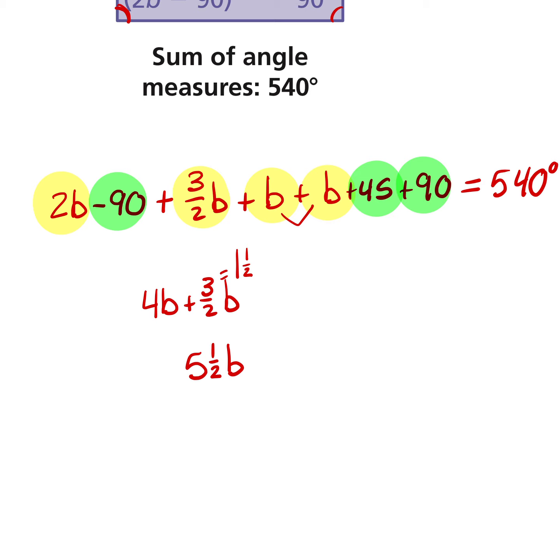Let's go focus on the green integers. Now, the first thing I saw, which I'm hoping you guys notice as well, is I have negative 90 plus 90. Those are opposites, which means that's going to equal 0, okay? Which leaves me just with 45. So I'm going to say 5.5 b plus 45 equals 540.